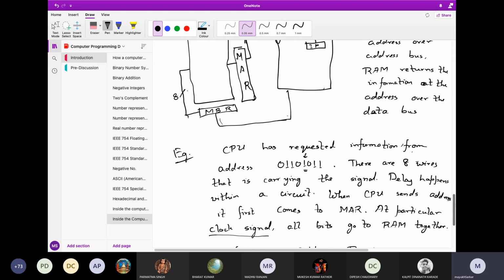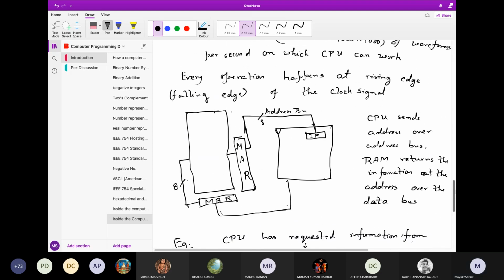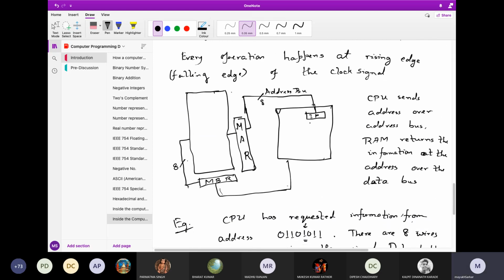Okay, so in a sense, what I can summarize is that when some instruction needs to be executed, the processor sends the address that is currently in the instruction pointer. That address goes over to the address bus, and it comes to the memory address register, waits for the next clock signal.